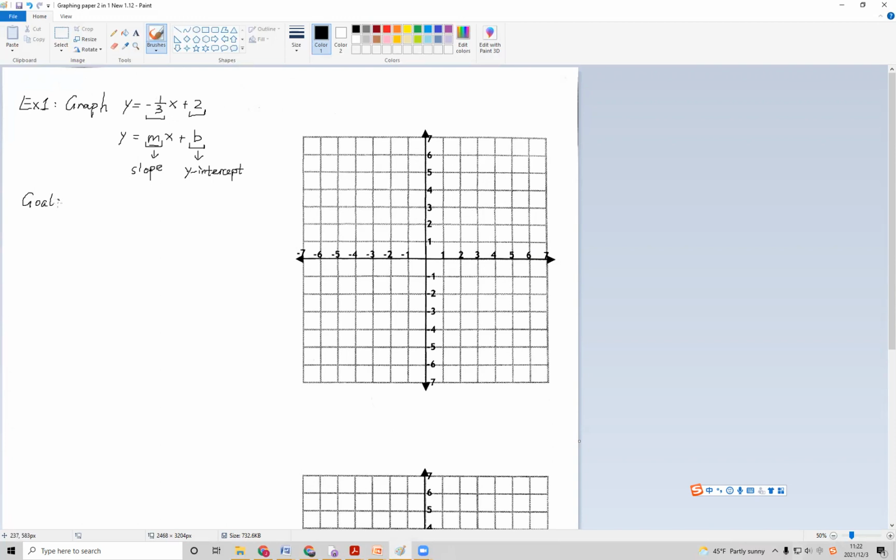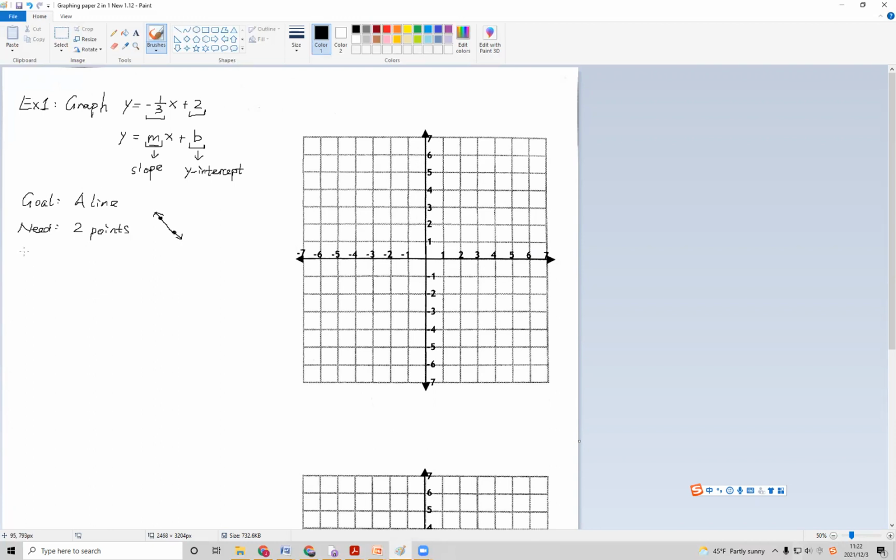Your goal is to graph a line. If you want a line, what do you need? You need at least 2 points. Then you can connect 2 points into a line. As long as you have 2 points on the line, you can connect them and you have a straight line.